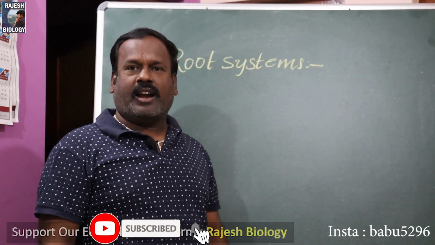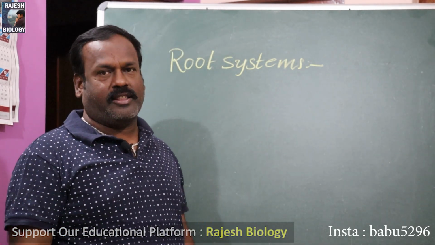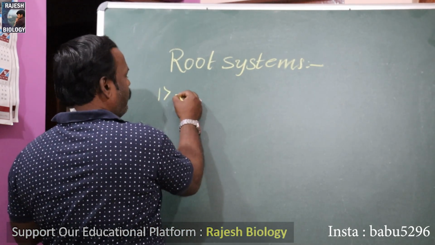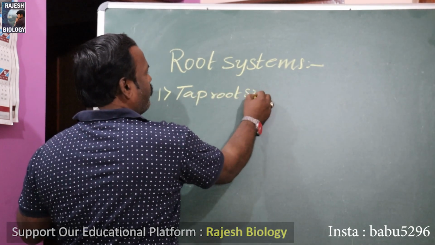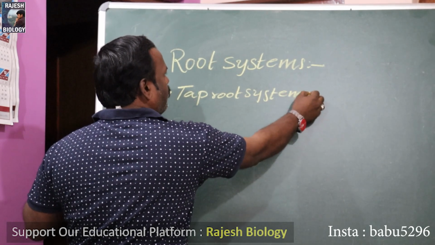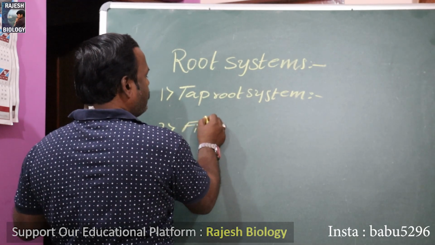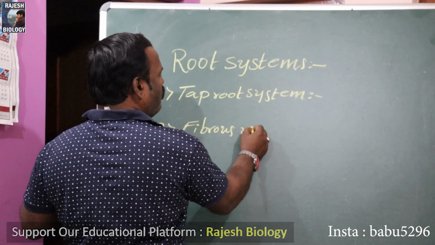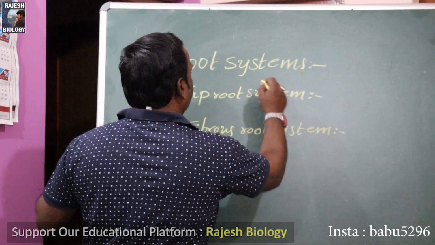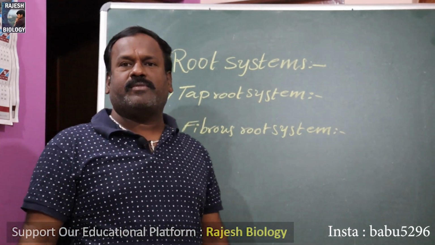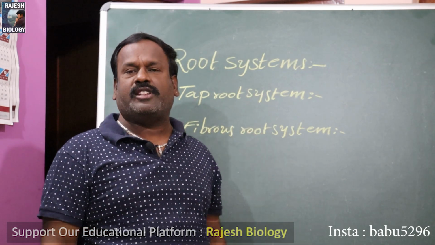According to our NCERT book, there are only two types of root systems. One is the tap root system, and the second one is the fibrous root system.